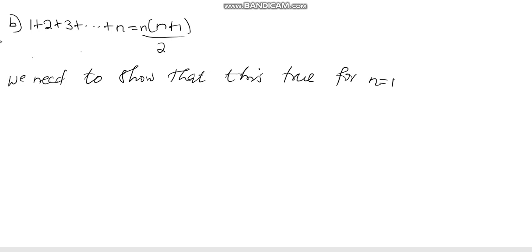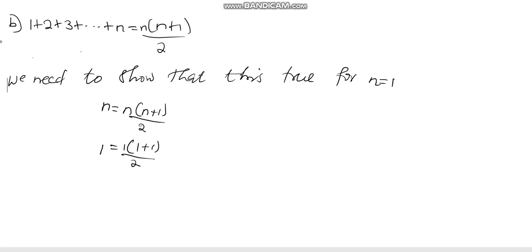So we have n equal to n, open brackets, n plus 1, divided by 2. Then we substitute this n with 1. So we have 1 on this side equal to 1, open brackets, 1 plus 1, divided by 2.